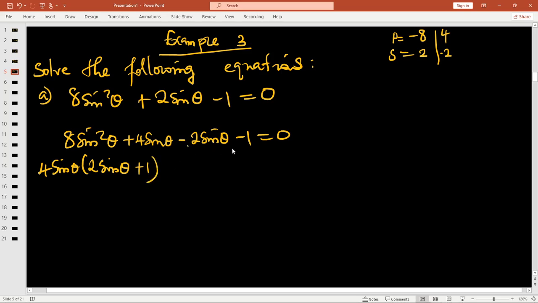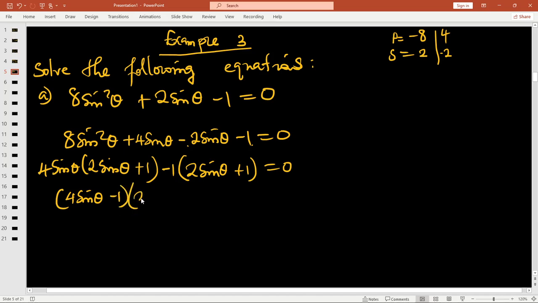Then on these two terms that we have, negative 1 is common, so we're going to say minus 1, open brackets, 2 sine theta plus 1 equal to 0 here. Then we put this together, we're going to have 4 sine theta minus 1 and 2 sine theta plus 1 like this is equal to 0 here.